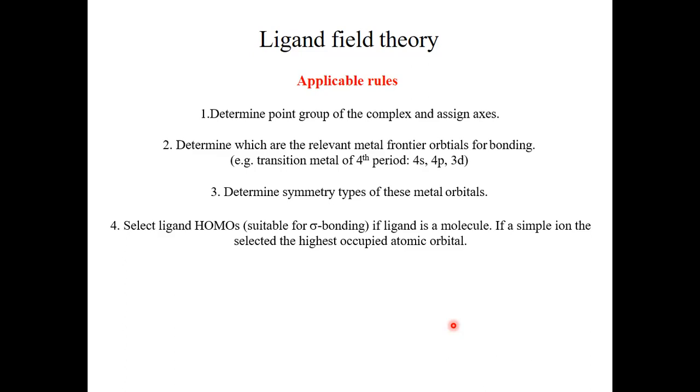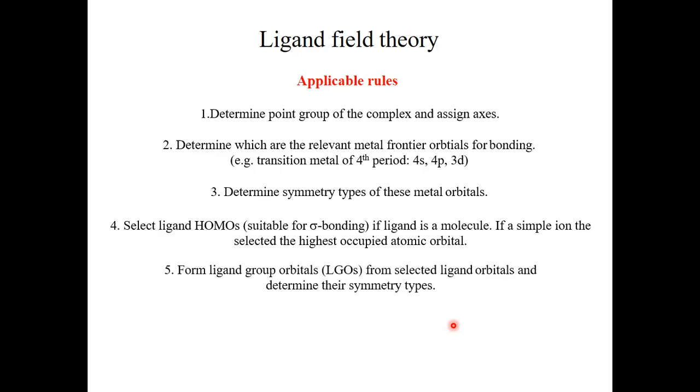So therefore, you may need to first construct the molecular orbital diagram of your ligand before you can actually construct the molecular orbital diagram of your complex. Okay, so then you form ligand group orbitals from the selected ligand orbitals and determine the symmetry types. And then you combine the metal orbitals and the ligand group orbitals of the same symmetries to form molecular orbitals.